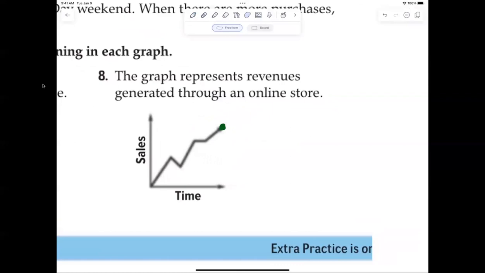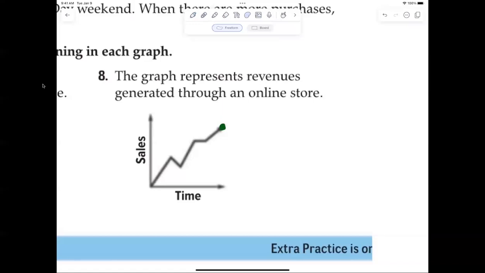The graph represents revenues generated through an online store. All right. So now, again, a lot of people miss this. They don't understand how to interpret graphs. That's why I want everybody to look up and see. All right.